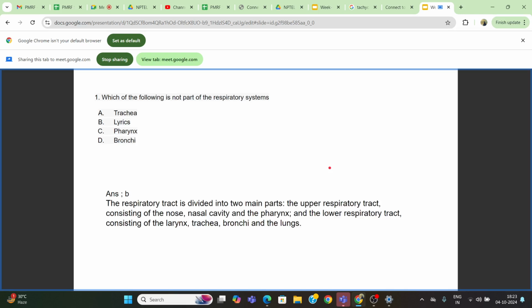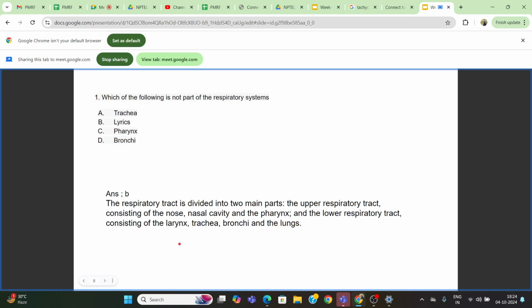The respiratory tract is mainly divided into two parts, upper and lower. The upper respiratory tract includes the nose, nasal cavity, and the pharynx. The lower respiratory tract consists of the larynx, trachea, bronchi, and lungs.